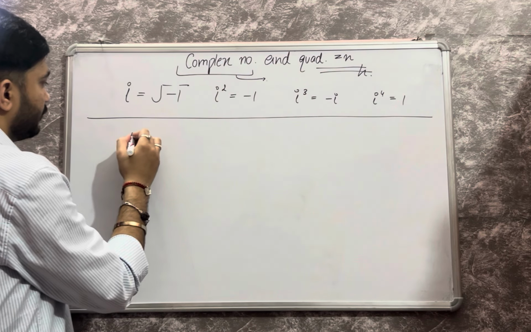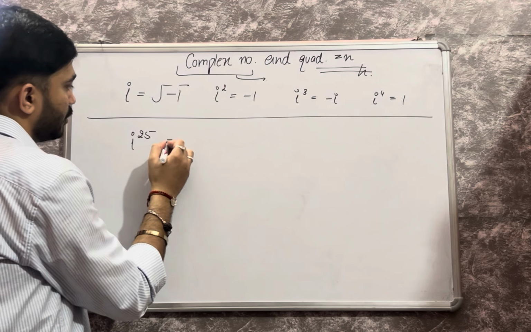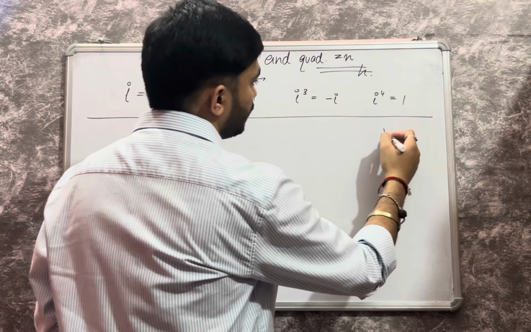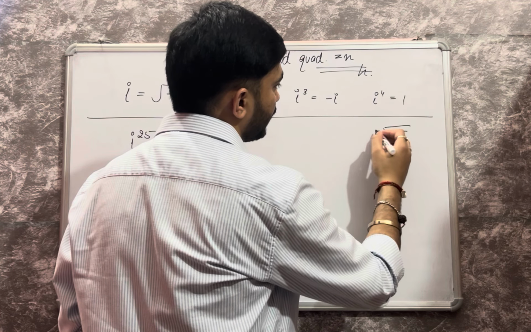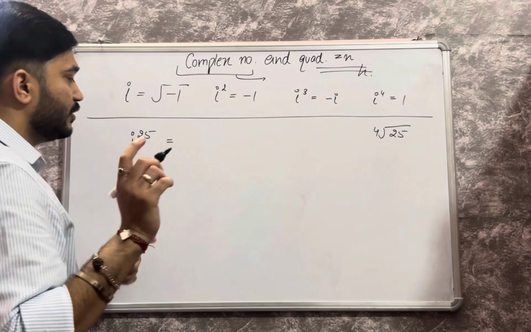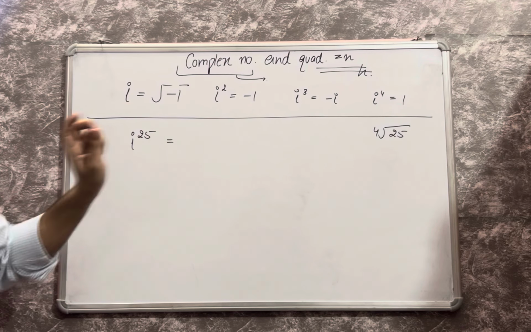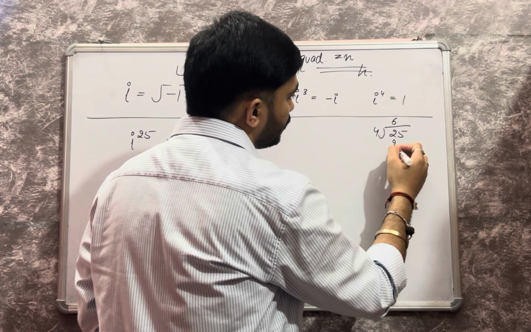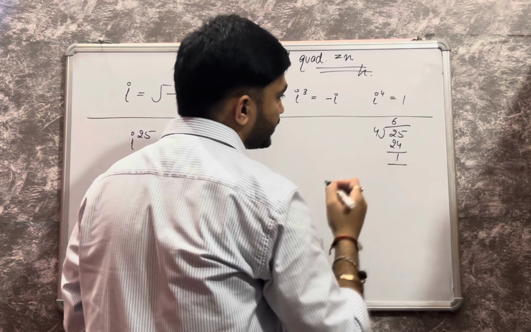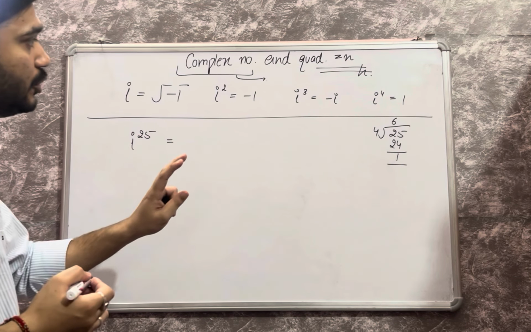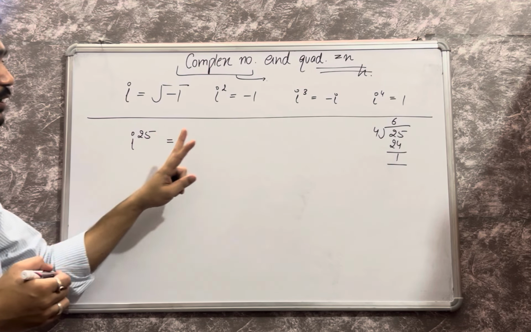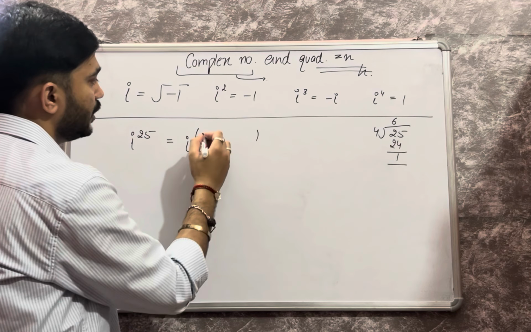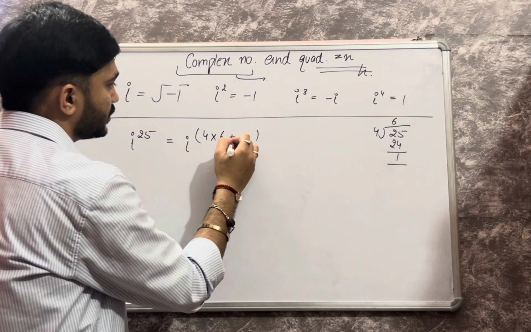Let us say we have to find the value of iota raised to power 25. How are we going to do so? Firstly, divide 25 by 4. Always you have to divide the power by 4. So 4 sixes are 24, we get 1 as the remainder. So you are going to break this into iota raised to 4 into 6 plus 1.